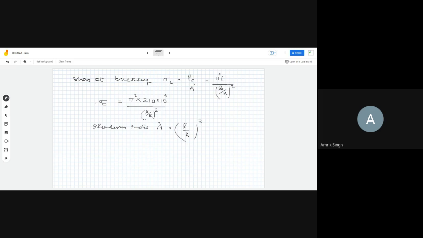So this can be written from this formula as pi square into 2 naught 0 into 10 to power 3 divided by sigma c. So this again, if you write, will be pi square into 2 naught 10 into 10 to the power.